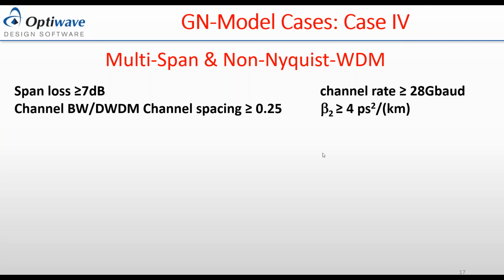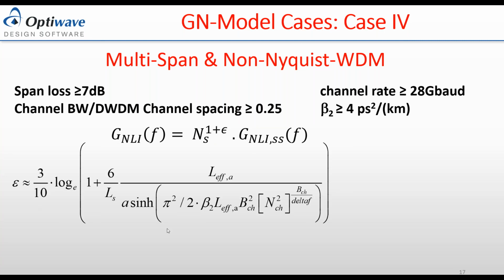As you saw, these conditions are similar to the last case, although the last case was for a single span. Here we have a multi-span, and the equation we're going to use: the overall nonlinear interference power spectral density of the transmission system is given by this ratio, and epsilon is given by this formula, which depends on the asymptotic effective length, the channel bandwidth, the number of channels, and the span length.